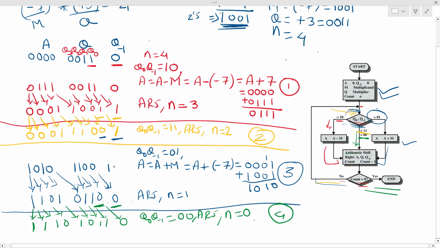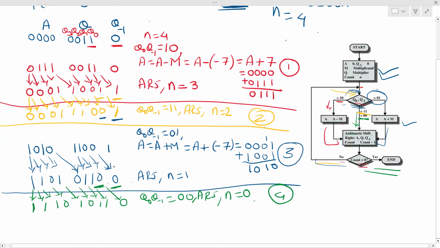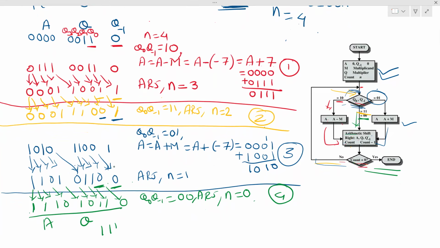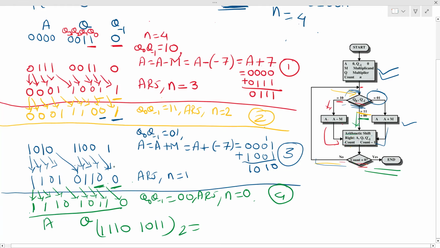And after this step, I am expecting my product should be held by these two registers, that is A and Q. So A and Q combinedly will hold my product term, which will be of 8 bits. Okay, and this product I'm expecting as a minus 21.